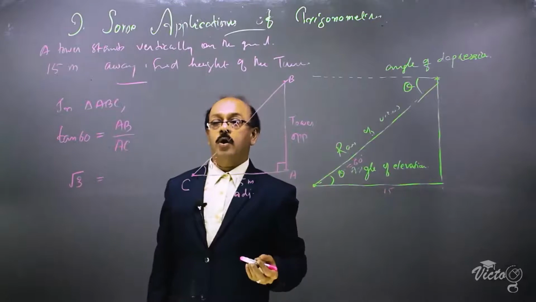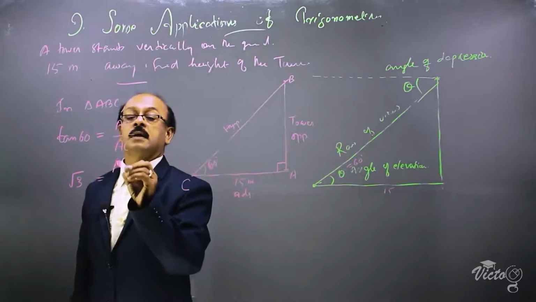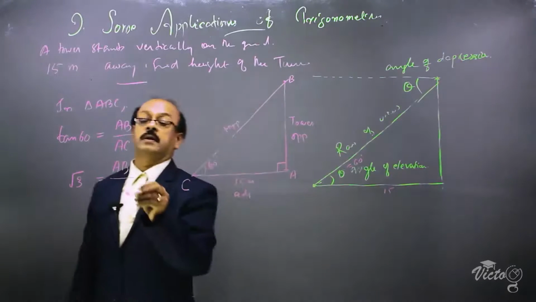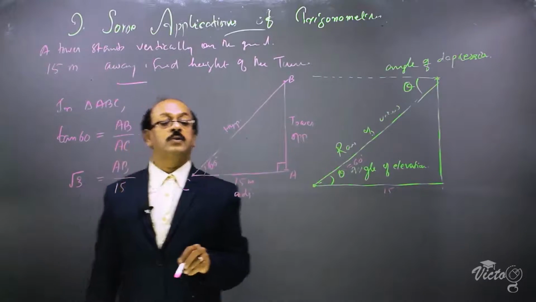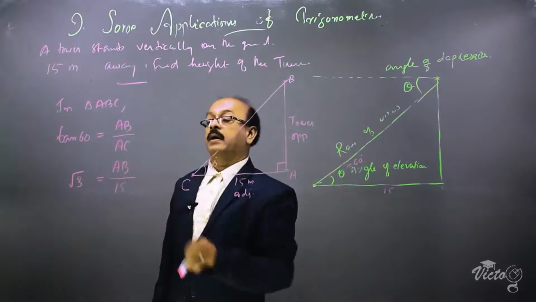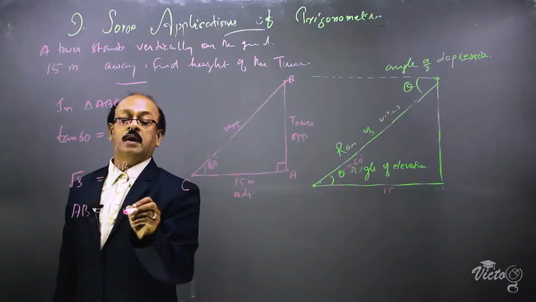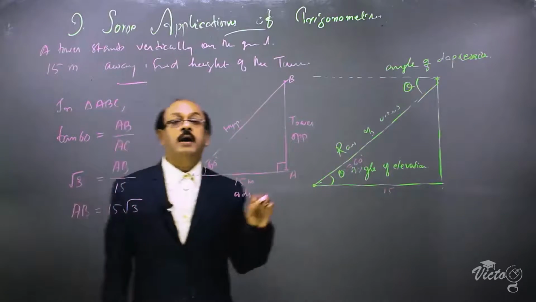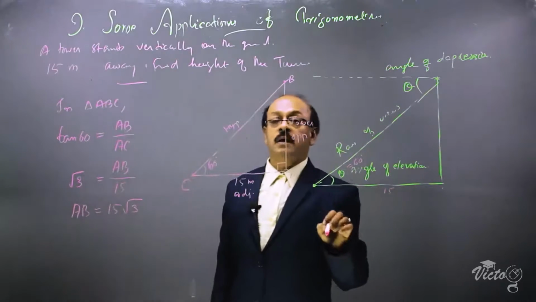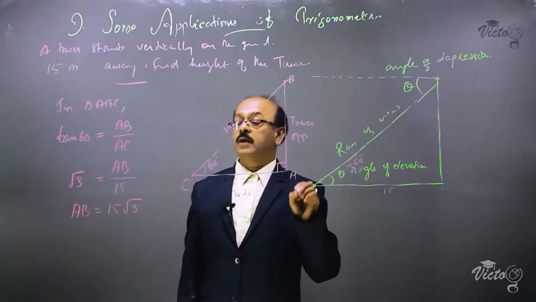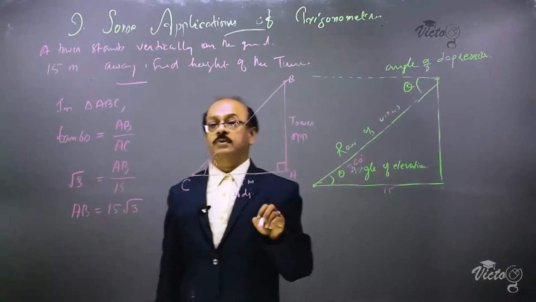AB is not known, so write AB as it is. AB divided by the value of AC, which is 15, is equal to root 3. Then cross multiplying, we get AB is equal to 15 root 3. If they mention in the question to write the answer in decimal places, then only we have to give the value of root 3.